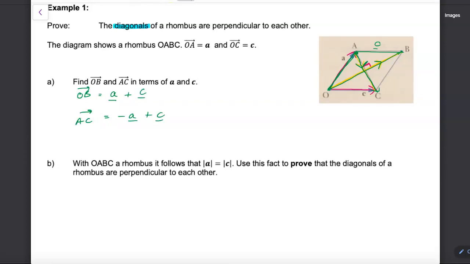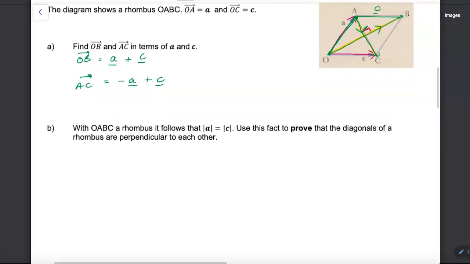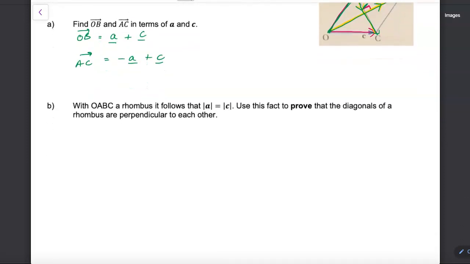Now that we've defined those two diagonals as vectors, let's see if we can prove that the diagonals are perpendicular to each other. Thinking about the scalar product, we know that when two diagonals are perpendicular to each other, the dot product equals 0. So we want to prove that this is the case.